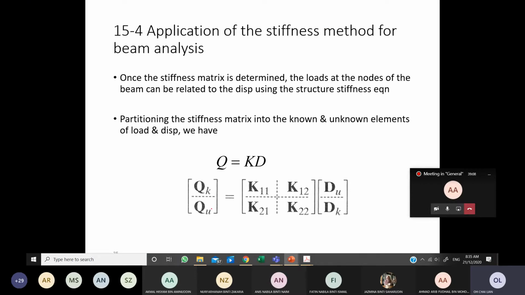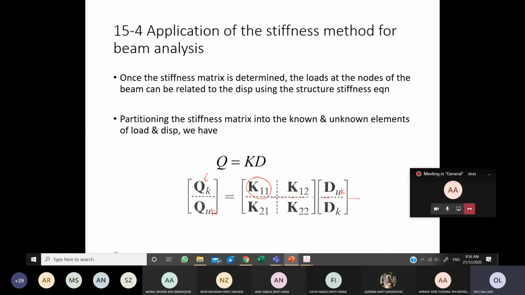Just now the displacement unknown is at the top and the known displacement at the bottom, while the Q known is at the top. Once you apply these partitions, this K11, K12, K21, K22 can also be partitioned to make your solving easier.